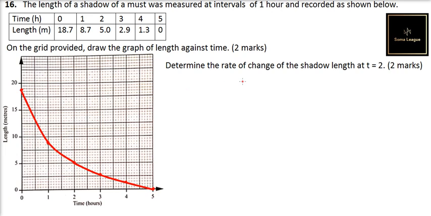Then determine the rate of change of the shadow length at t equals 2. So what we need here is to draw a tangent touching the curve at t equals 2, and we calculate the gradient. So this is the tangent that I have drawn touching at 2.